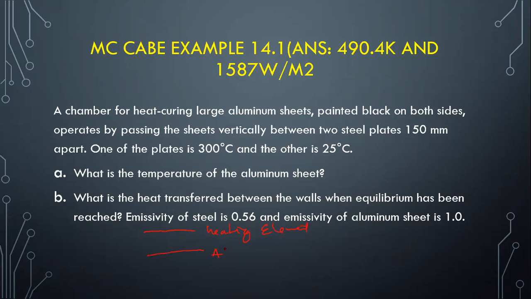Tapos you have another metal element here. Parang kumbaga itong huli, ito yung pansangga nung heat para mas efficient siya, para walang losses. Okay? So ito, ang temperature nito 300. Ito ang temperature nito 25.